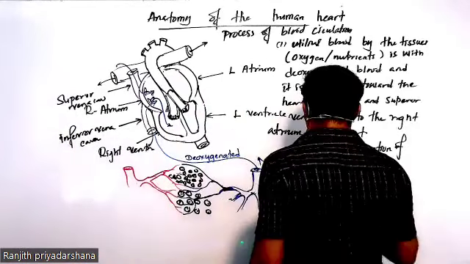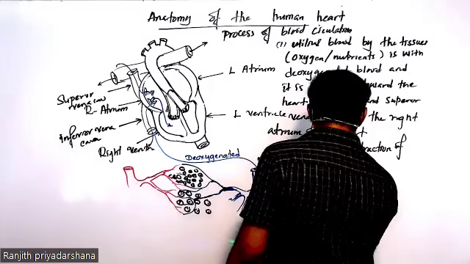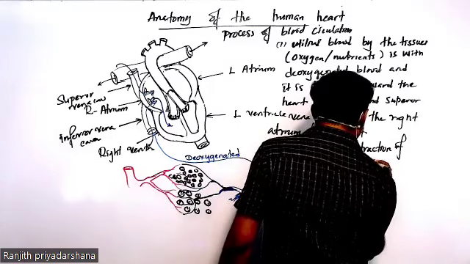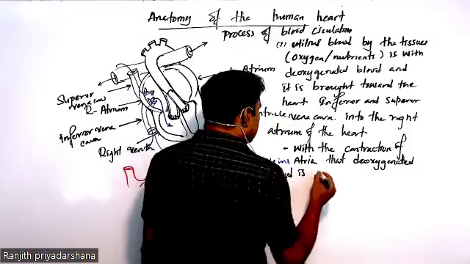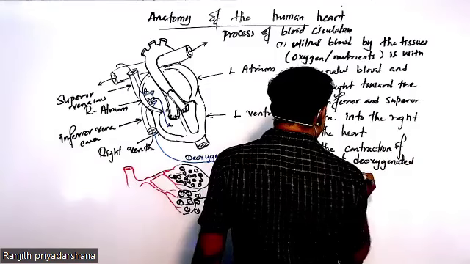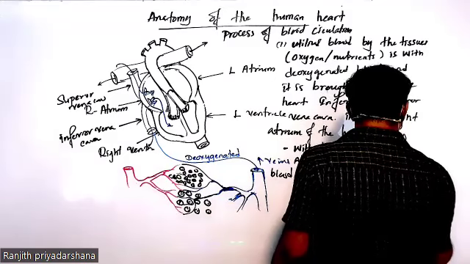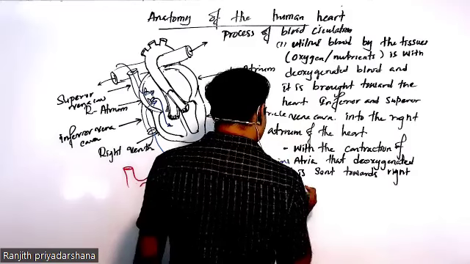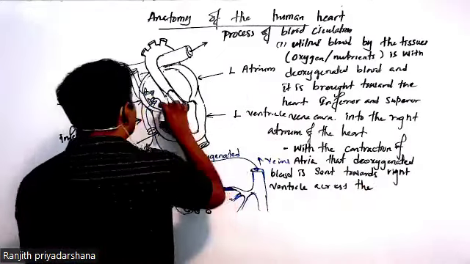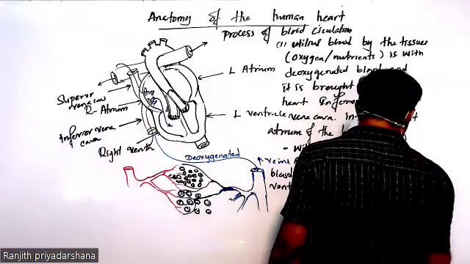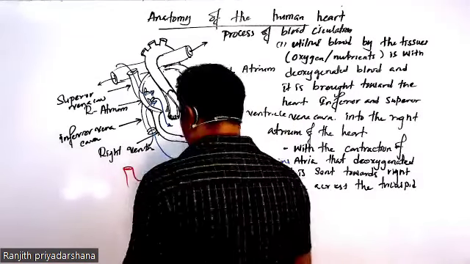With the contraction of the atria, the deoxygenated blood is sent towards the right ventricle across the tricuspid valve.